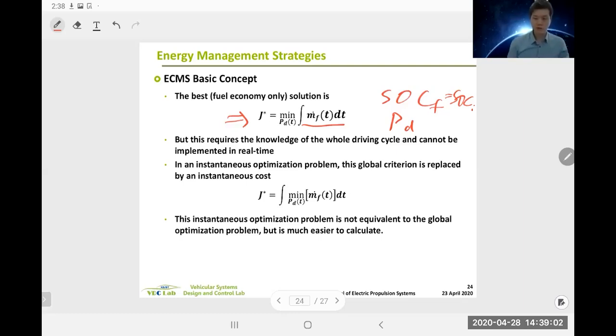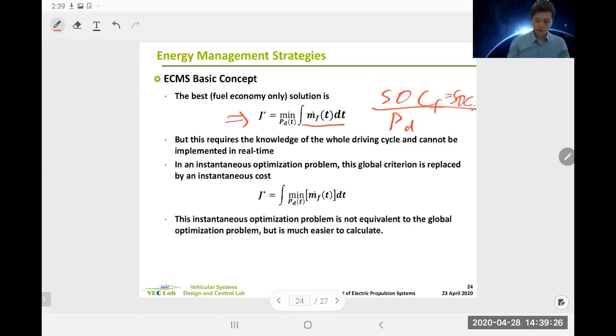Because using the battery doesn't cost any fuel for now. But then we are using SOC, and to maintain charge, we will have to recharge in the future sometime.